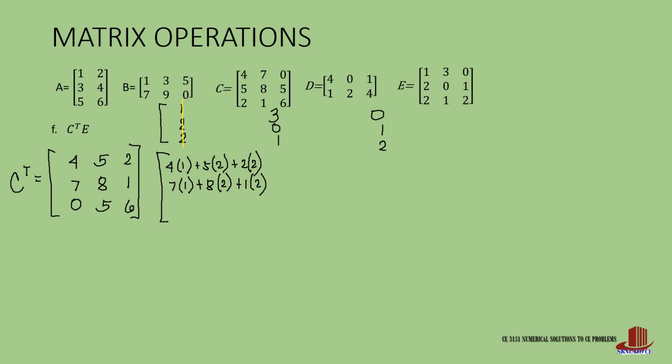The third would be 0 times 1 or 0 plus 5 times 2 plus 6 times 2. Let's move to our next row.